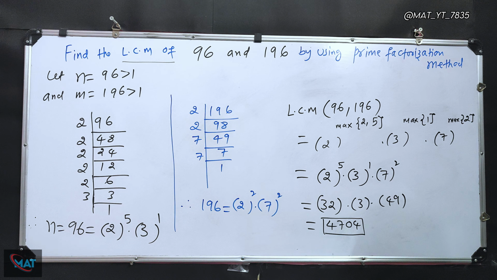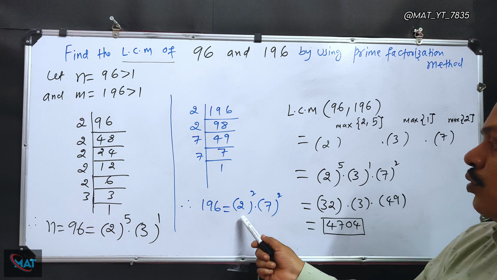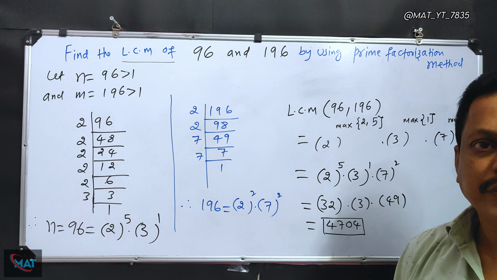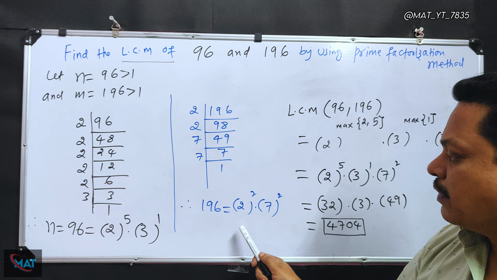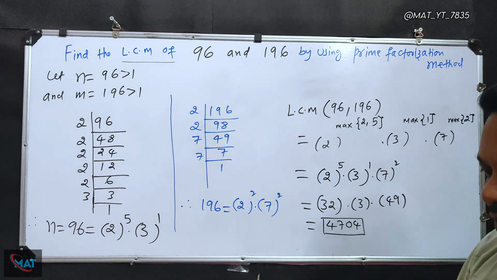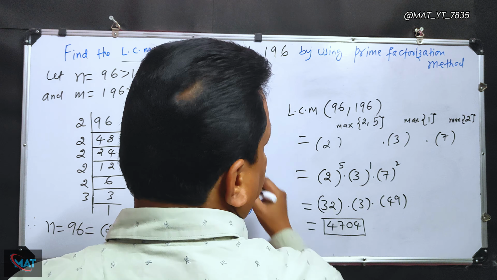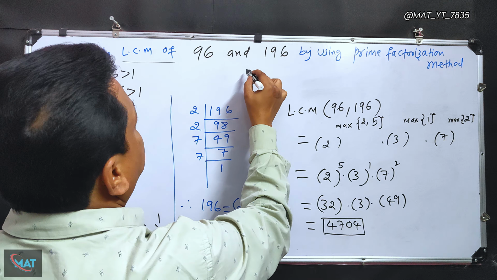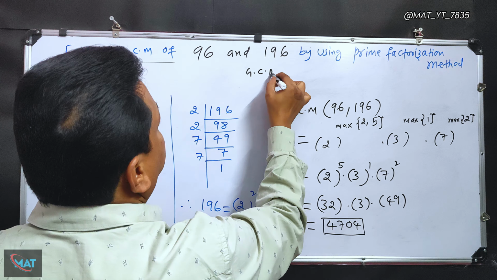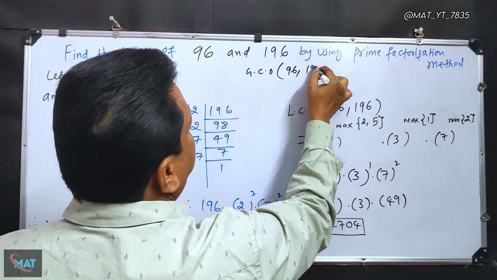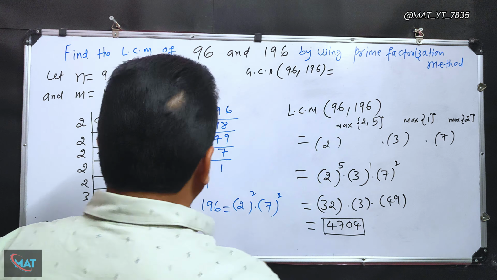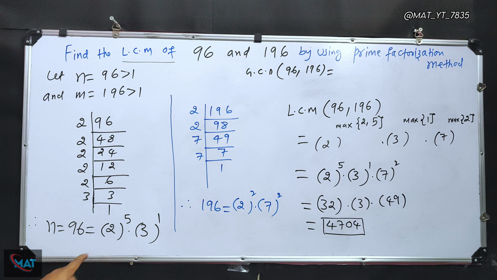If you want to find out the GCD, it is only 2 power 2, that is 4, because 2 is the only common prime number and the least power of 2 is 2. As additional information, GCD for those two numbers, as I mentioned in the previous video, is equal to the common prime number, only 2.